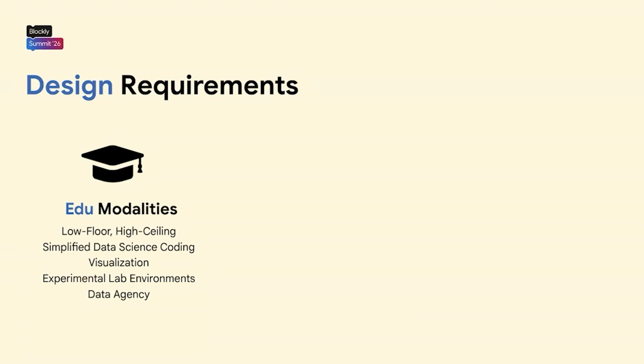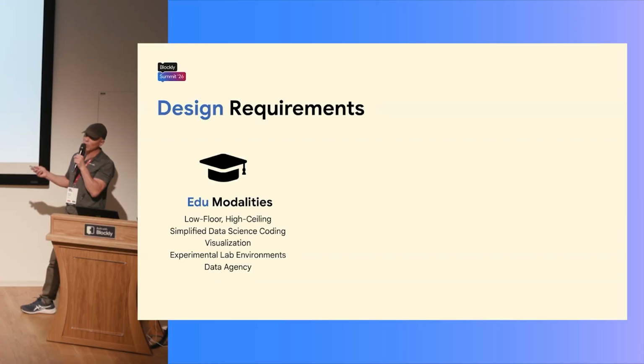Simplified data science coding, a visualization of both the data and the code, and an environment that is experimental, a sense of a lab. And above all, to have data agency. That means that students can own their own data, can build their own data, and build models on their own data. That changes the picture quite a lot.